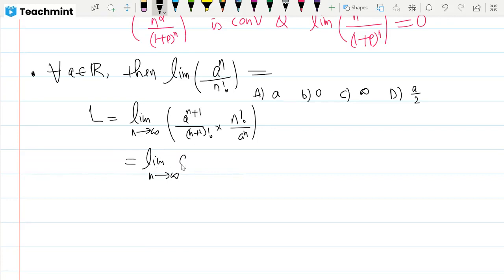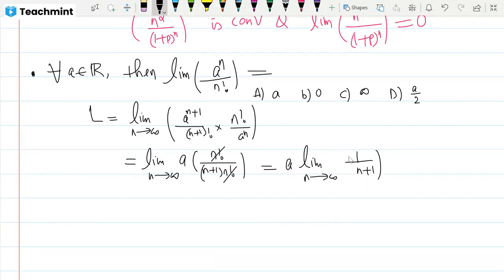So this is a times n factorial by (n plus 1) factorial, which can be written as (n plus 1) into n factorial. This is a property of factorials, and the n factorial cancels out. Therefore this limit is a times the limit of 1 by (n plus 1).